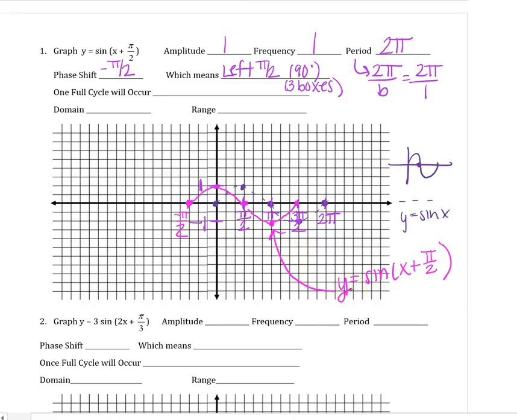So one full cycle occurred on our graph from negative pi over 2 to 3 pi over 2. The domain of any sine curve is all reals though, because this will continue on and on. The range, if you look up and down, was just from negative 1 to 1.